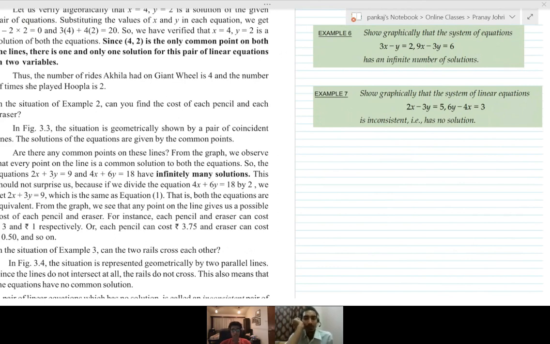Then the formula: a1x plus b1y plus c1 is equal to 0, and a2x plus b2y plus c2 is equal to 0.